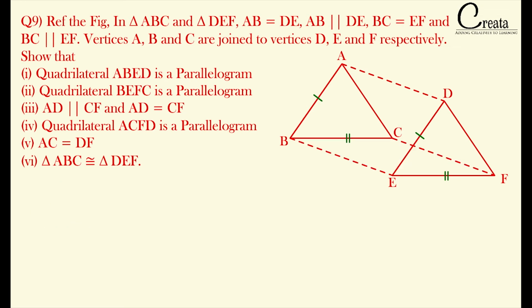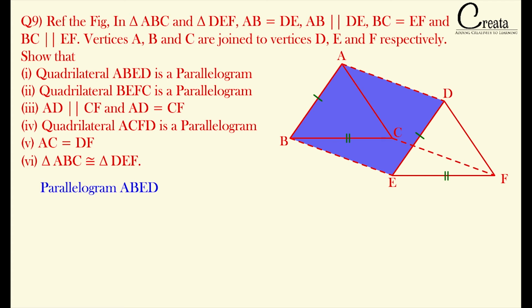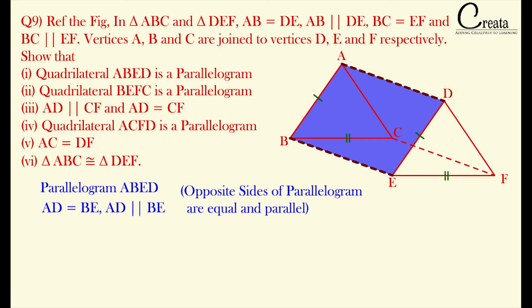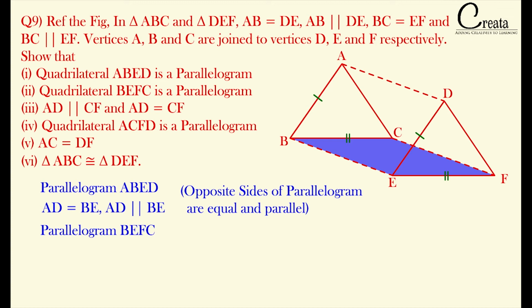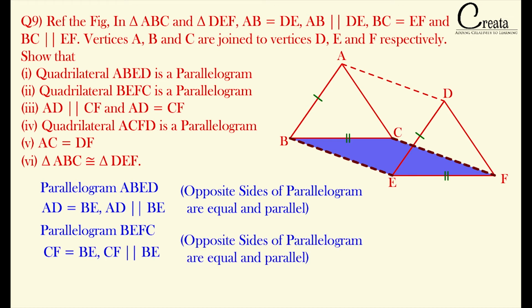In the third part, we have to prove AD and CF are parallel and equal. For the parallelogram ABED, the opposite sides will be equal and parallel. That is, AD and BE will be equal and parallel to each other. Similarly, for the parallelogram BEFC, we can say CF is equal to BE and CF is parallel to BE.